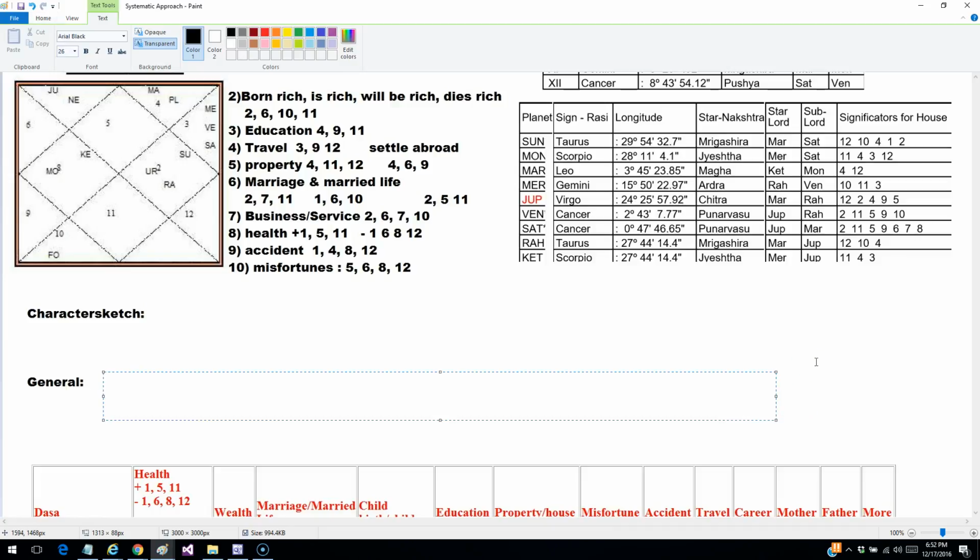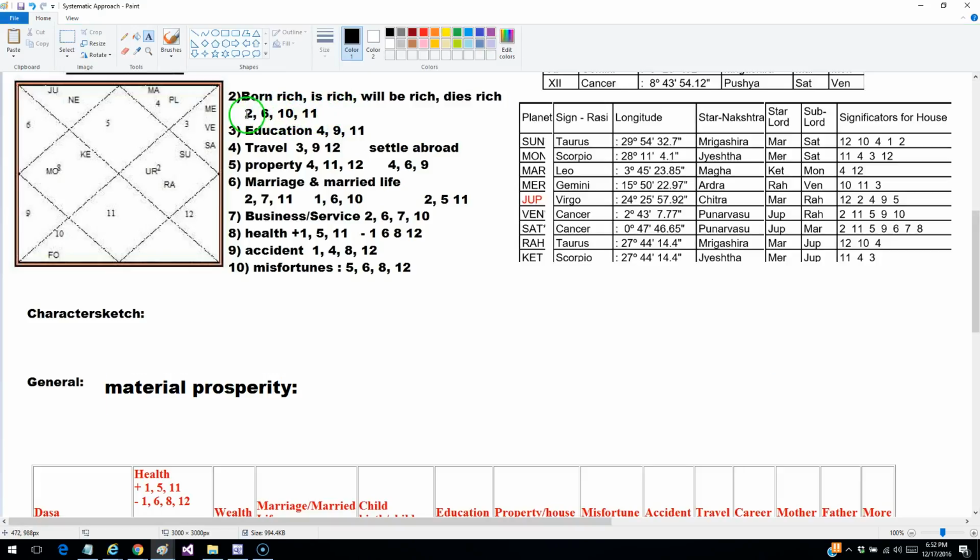For example, in the general, if you write about, let's say, material prosperity, what you do is that 2, 6, 10, and 11, these houses are good for material prosperity.